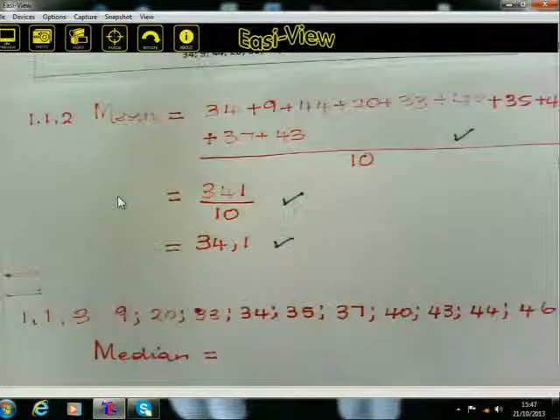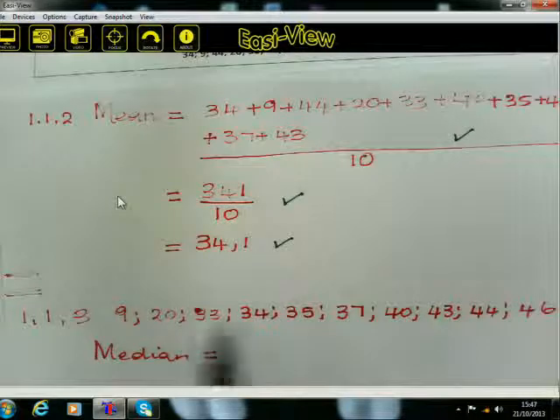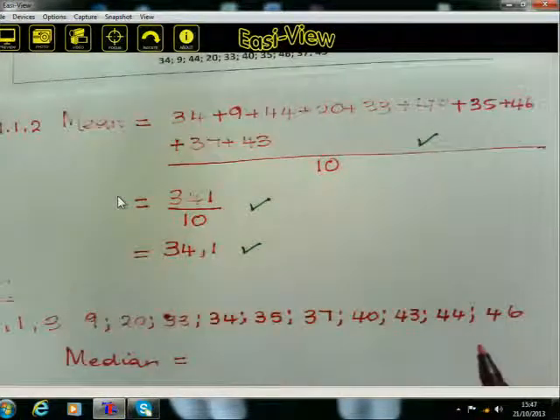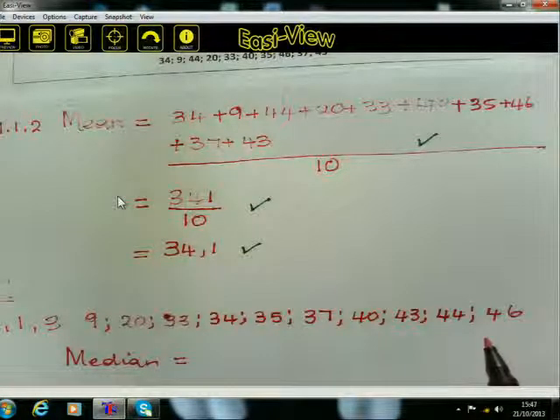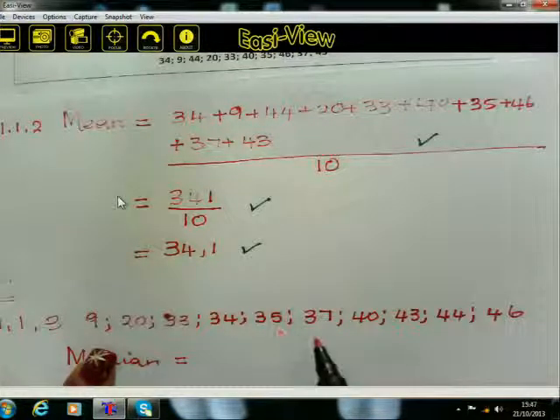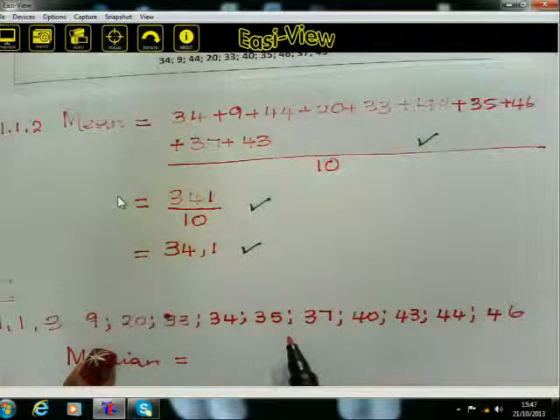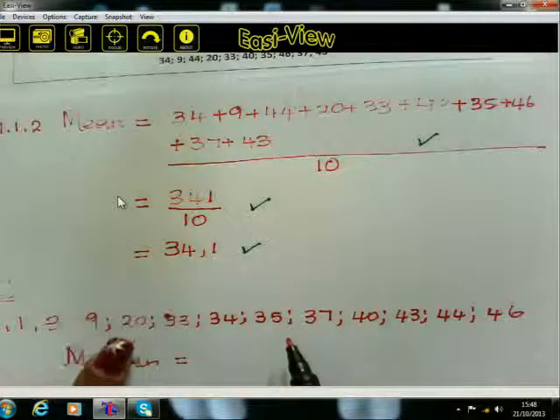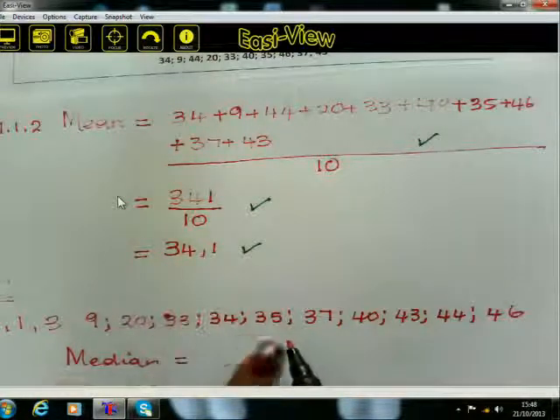So let us check. You said you have 10 numbers, so you will have 2 numbers in the middle. How are you going to arrive at those 2 numbers? You can start on your left by counting 1, 2, 3, 4, 5.